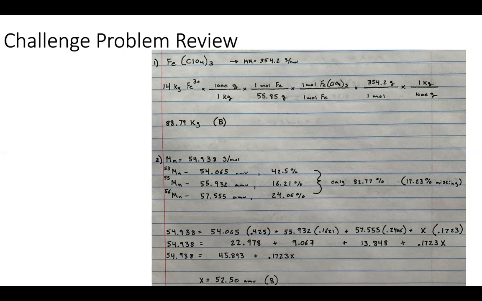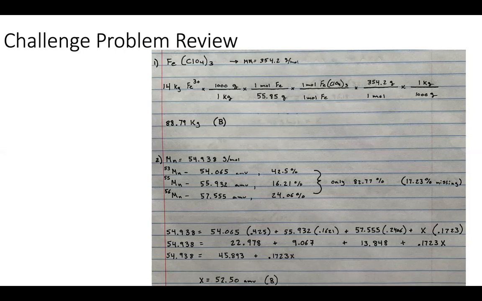Now remember, when you add the percent abundances of isotopes, they have to add up to 100%, right? Because we want our mass of manganese to be representative of 100% of the potential isotopes.